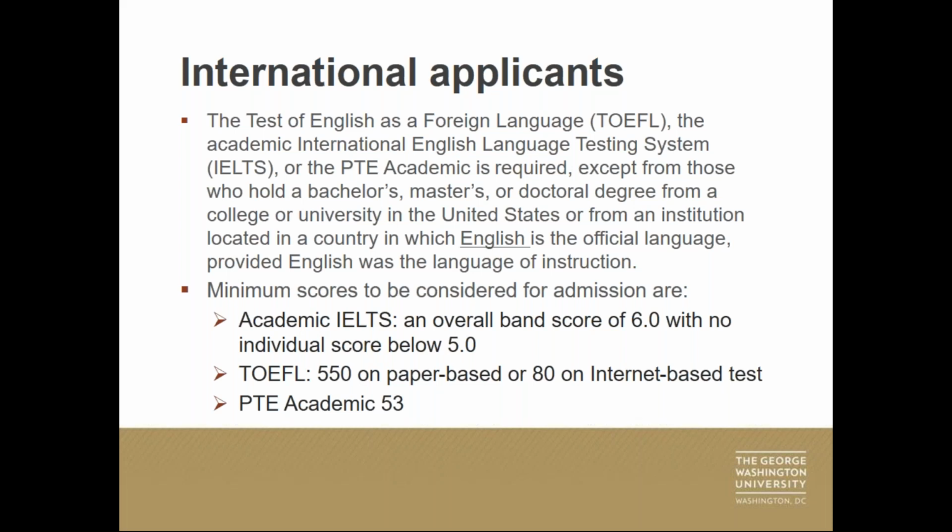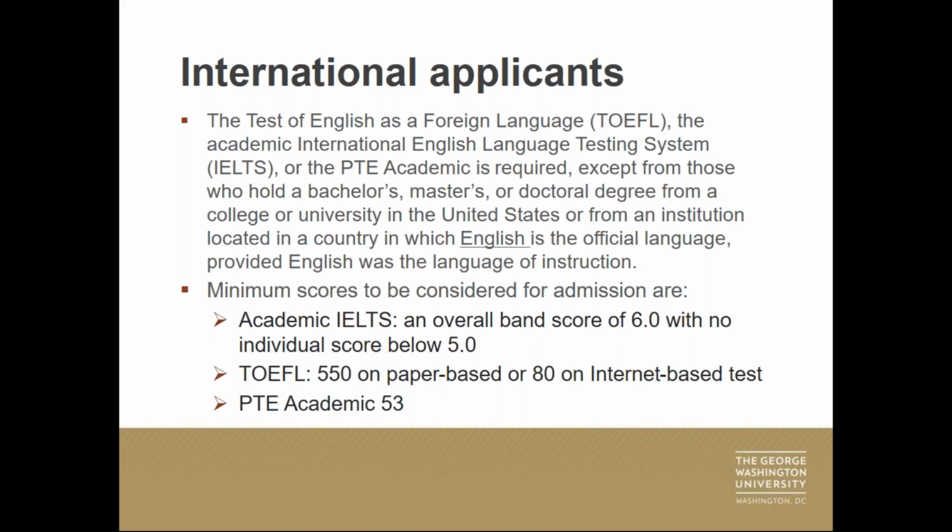If you're applying as an international applicant, there are English language requirements for you. They're listed here: a TOEFL of 80 on the internet-based test, and the IELTS with those scores there. I'll note that you have to have a minimum of 80 to be considered for admission.